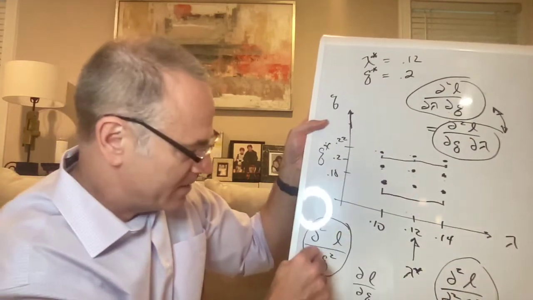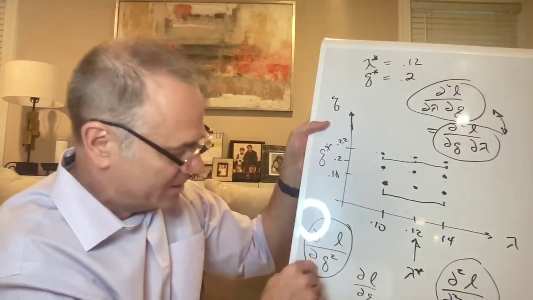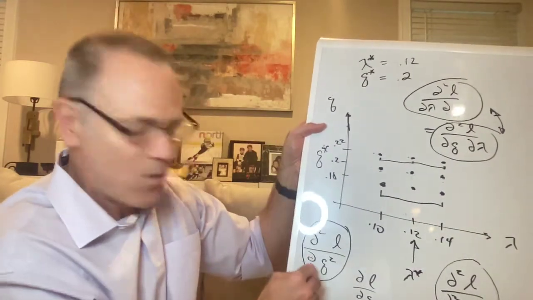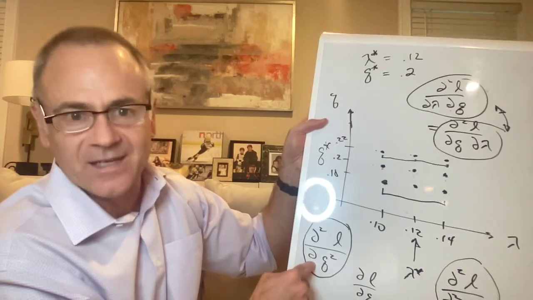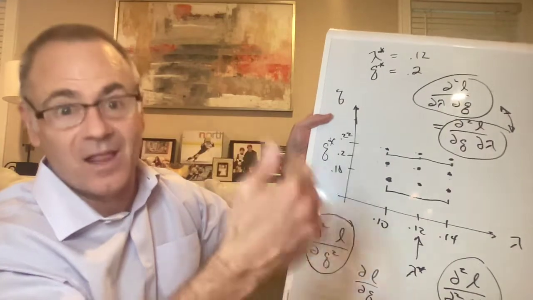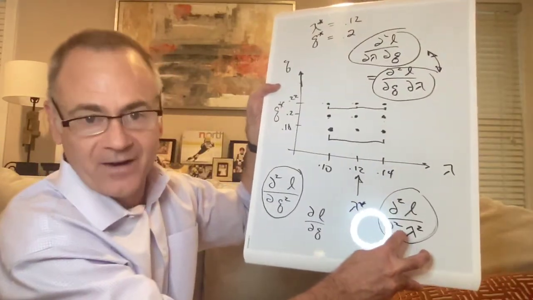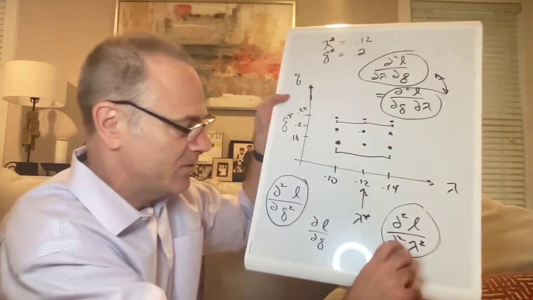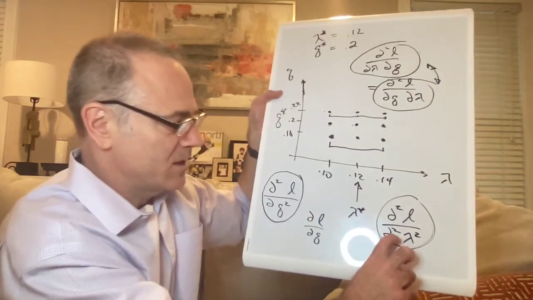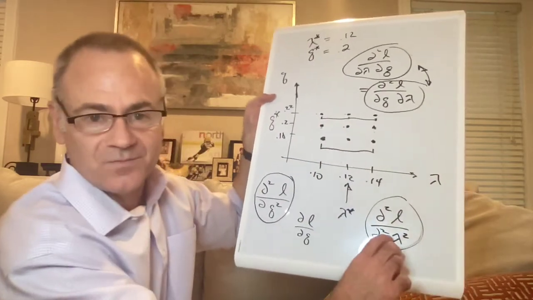Once you invert it, the negative of the inverted H, in the upper left-hand corner is going to give you the variance of your maximum likelihood estimate of Q. In the lower right-hand, it's going to give you the variance of your maximum likelihood estimate of lambda.